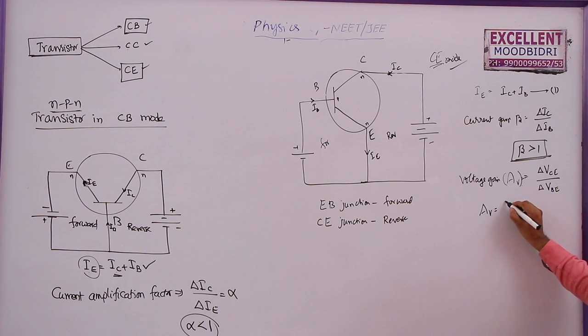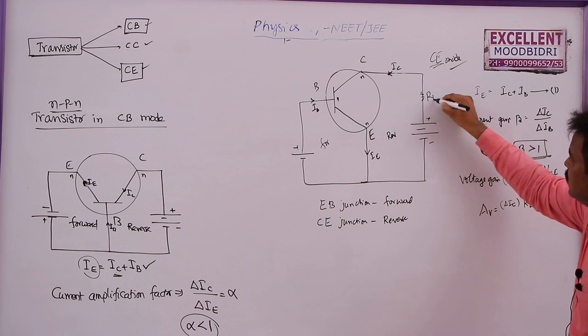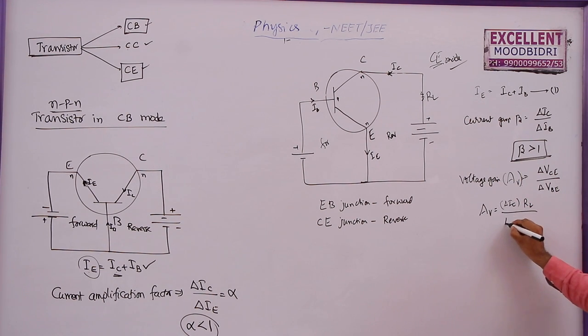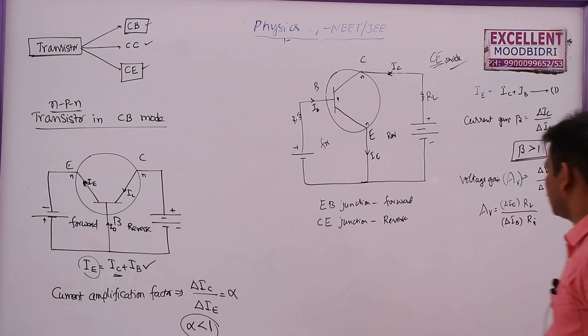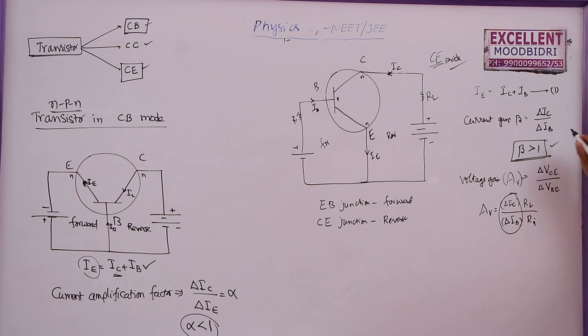So this is delta IC into RL, where RL is the load resistance, divided by delta IB into RI, the input resistance that we have connected here. But this is equal to beta, so voltage gain is given by beta into RL by RI, or RO by RI, that is load resistance or output resistance. This is the expression for voltage gain.